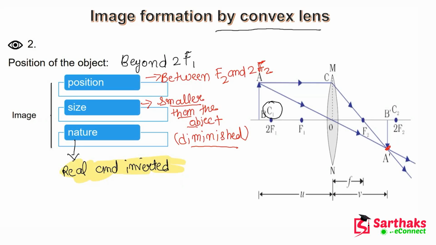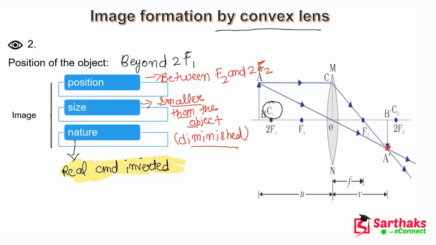This is a ray going parallel to the principal axis, and after the refraction it is passing through F2, and this is another ray which is passing through the optical center, and this is the point where they meet. In this case we will say that the image is formed between F2 and 2F2. If I talk about the size, then in this case the size is diminished. And if I talk about the nature, then the nature is real and inverted.